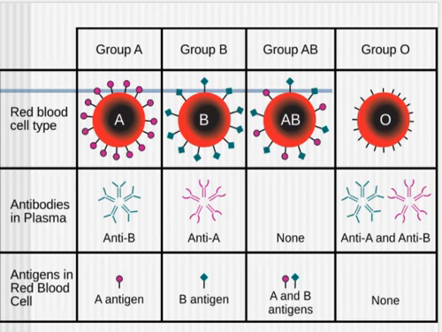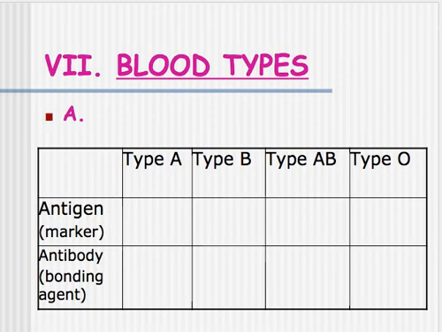So what I'd like you to do is copy down a chart that looks like this. I want you to remember that the antigens are what mark the outside of the body. That is a type of protein that is going to be on the outside of the blood cells, the erythrocytes, the red blood cells.